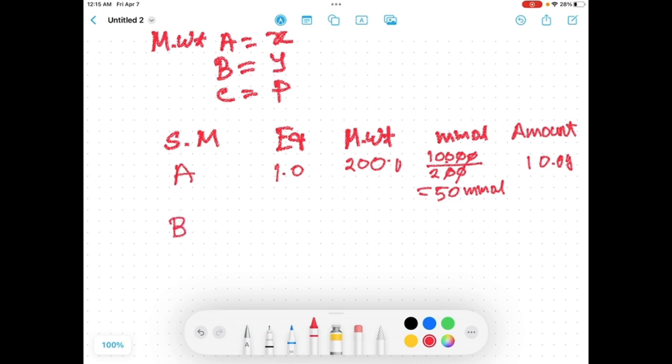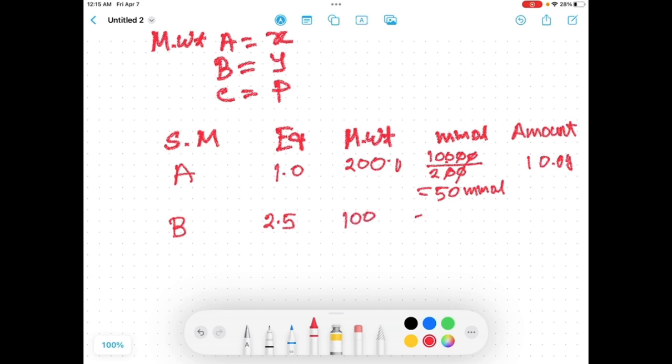So you have to decide how much B you are going to use. Is it 1.5 equivalent or 2 equivalent or 3 equivalent, whatever equivalent you can find from the procedure. Suppose we are going to use 2.5 equivalent, and B molecular weight is suppose 100.